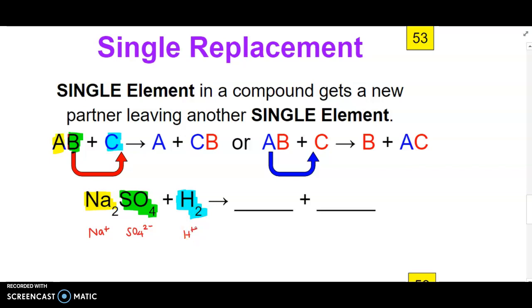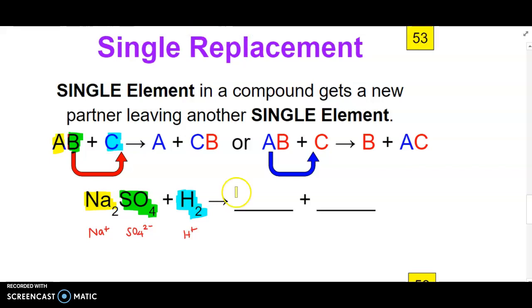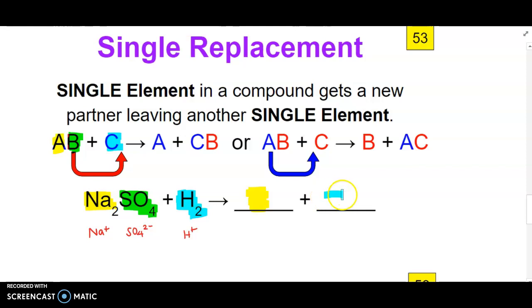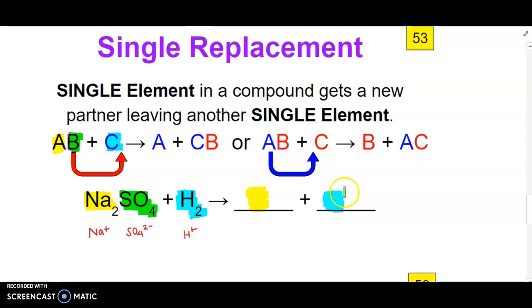So I've got A, B, and C. Now, when I think about what can partner, remember that positive and negative things need to partner. If I put sodium right here as a positive charge, I know that hydrogen is not going to partner with a positive charge because it's positive as well, which means my other positive, hydrogen, is going to go here, and my negative, which I said was green, is going to go right here.